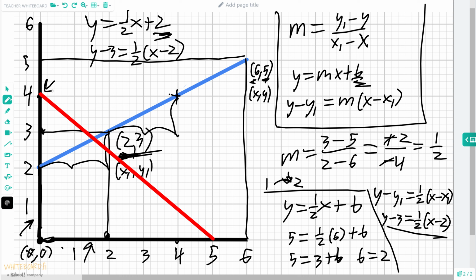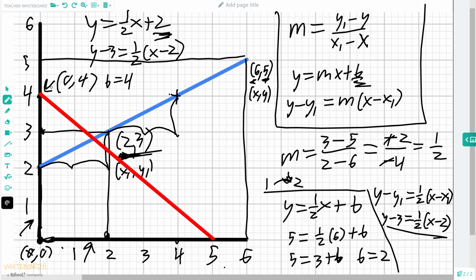The y-intercept is still going to be at y equals 4. So the y-intercept is going to be at 0, 4. So b is going to equal 4. I'll write this over here. So b equals 4 for this equation.